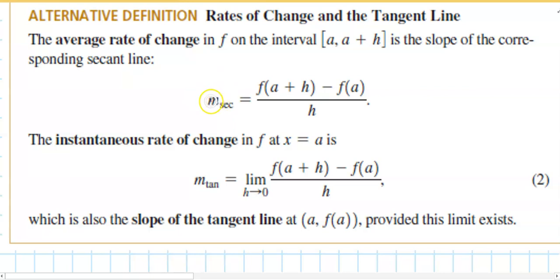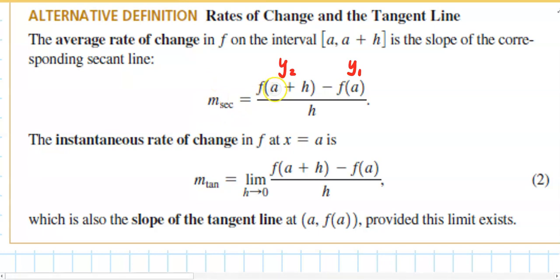Last week we were talking about slopes of curved lines, and we can find the slope of a secant line by simply taking some y value. So we would generally call this one y2 and this one y1.